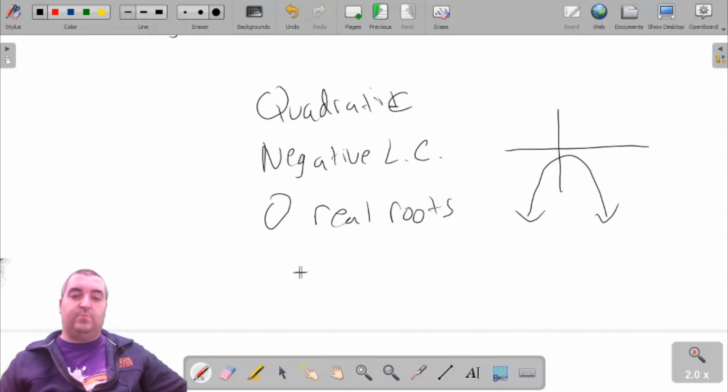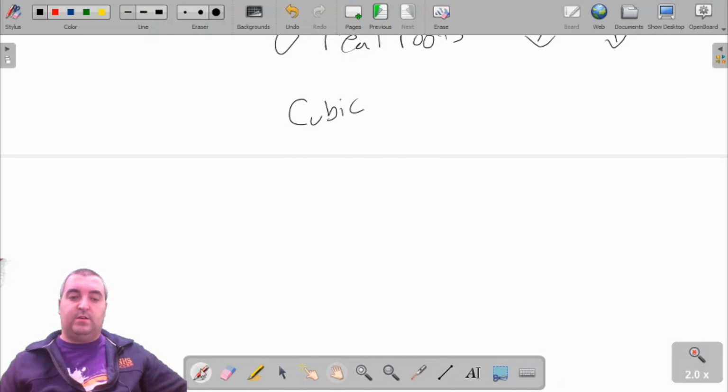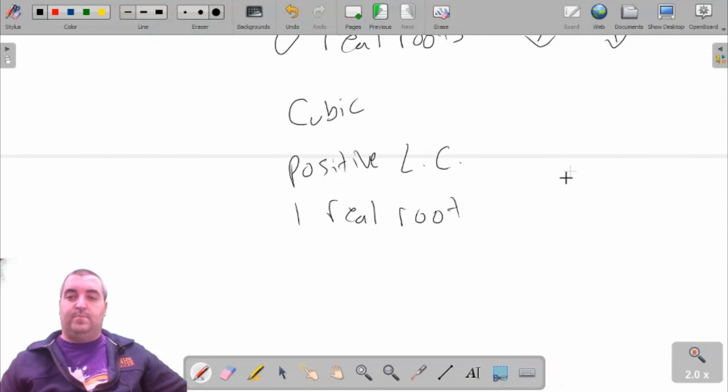Let's say we had a cubic, let's say a positive leading coefficient, and then we'll say 1 real root. Well, for that, because it's cubic, we know it's going to have the end behavior where they're opposites, either down then up or up then down.